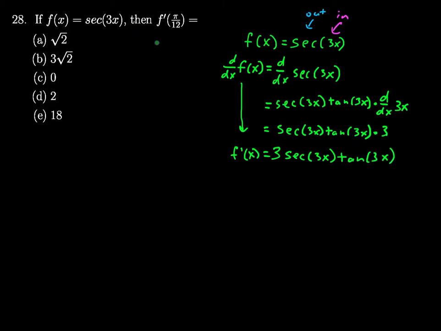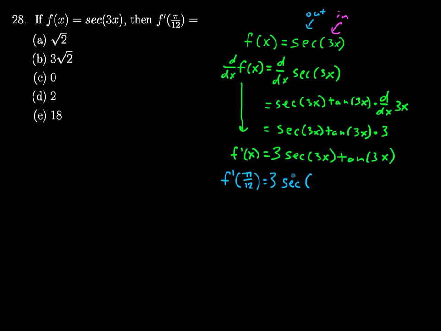Now I just need to evaluate f prime of pi over 12. So let's bring it into the specific x value. So f prime of pi over 12 equals, we still have our 3, multiplied by the secant of 3 pi over 12.